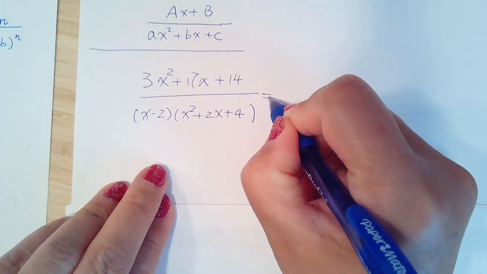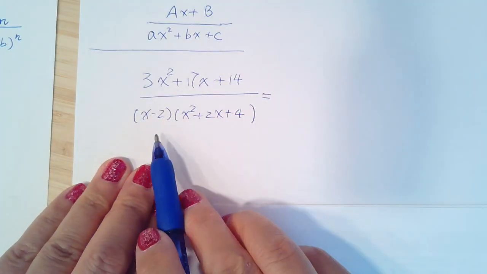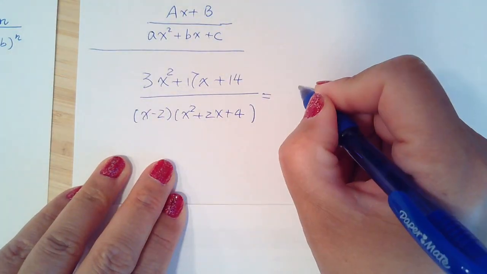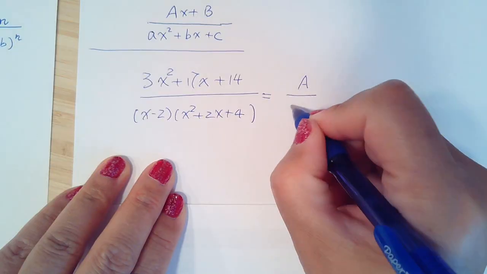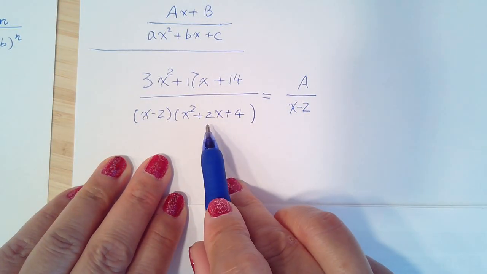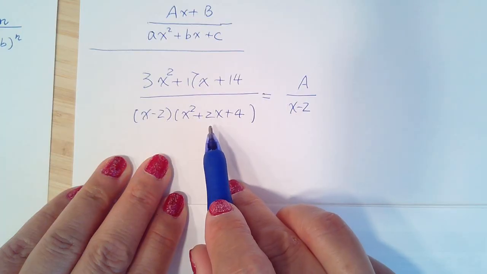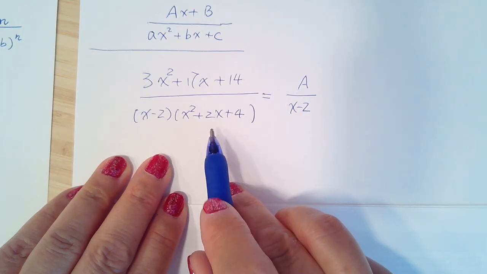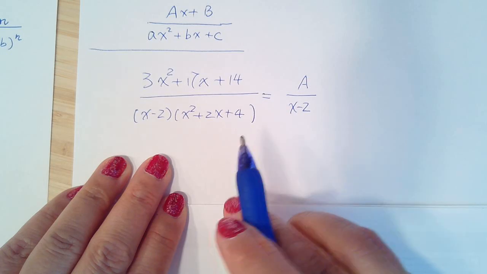Now, by the rule, because I have a denominator with this and this, I'm going to have a number A over x minus 2. And then I have this one. It's not a square, it's not like rule number 2, which is ax plus b to the nth power.